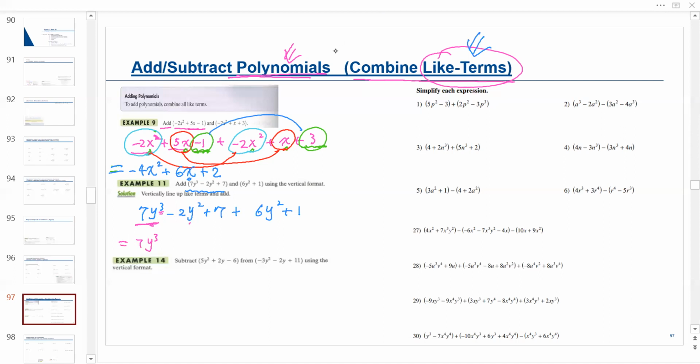All right, see the second one. This is negative 2y squared. This is y squared as well, right? So these two are like terms. Because other than the coefficient, the rest is y squared, the rest is the same, right? So you can combine them together, it became positive y squared, right?